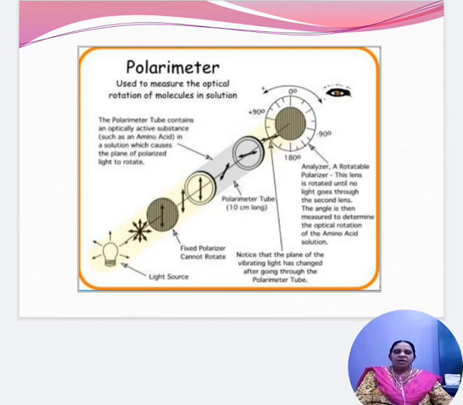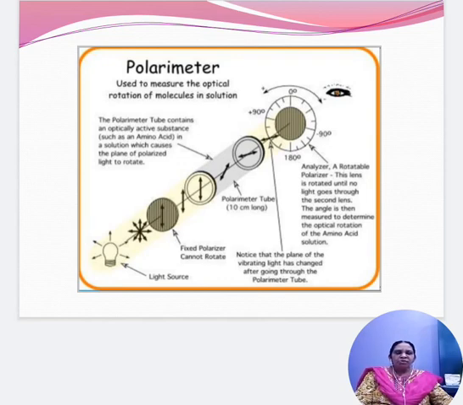From the light source, you are getting unpolarized light, moving in different directions. This unpolarized light, when made to fall on the fixed polarizer, gives polarized light, and that polarized light is passed through the polarimetry tube.